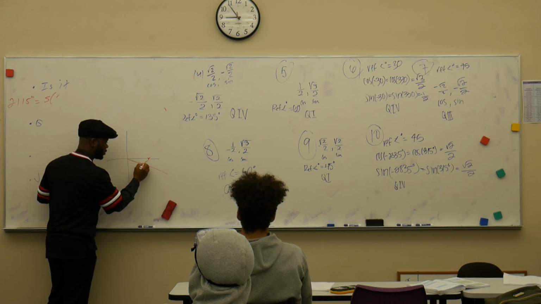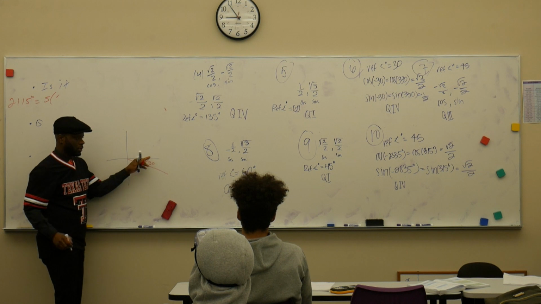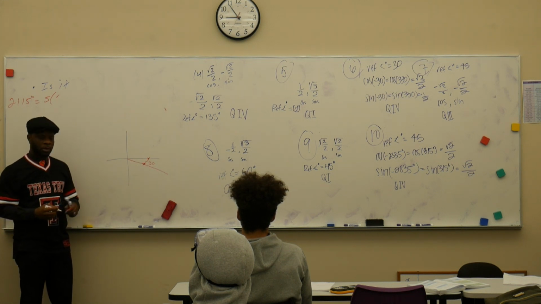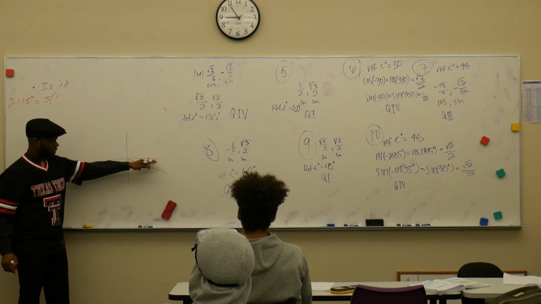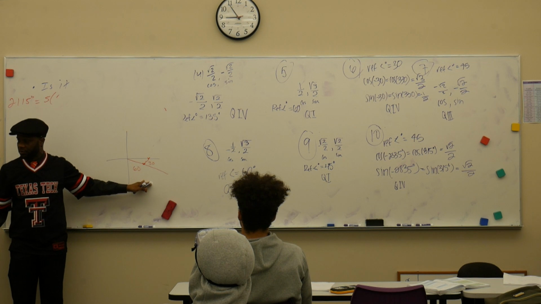So that means this is where I want to be. I want to go down here 30. So what is this space equal to now? 60 degrees, right? Because this entire quadrant is 90 degrees.